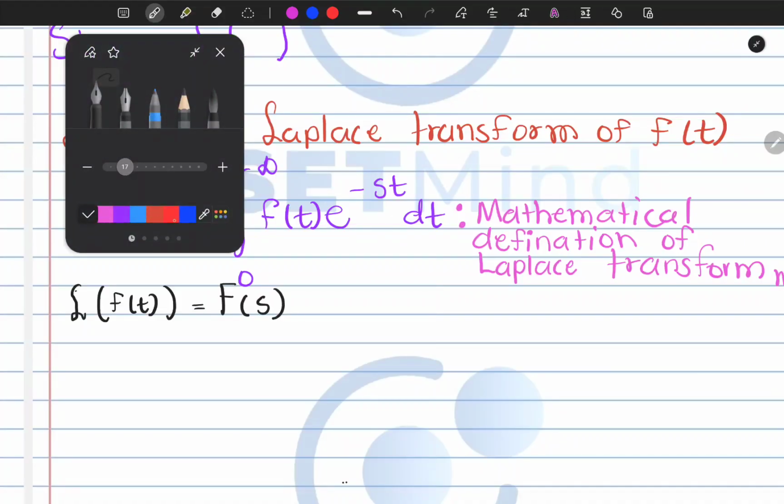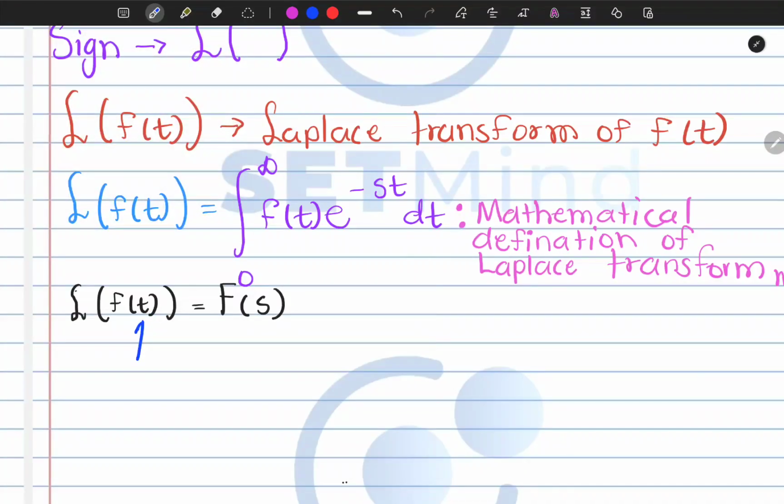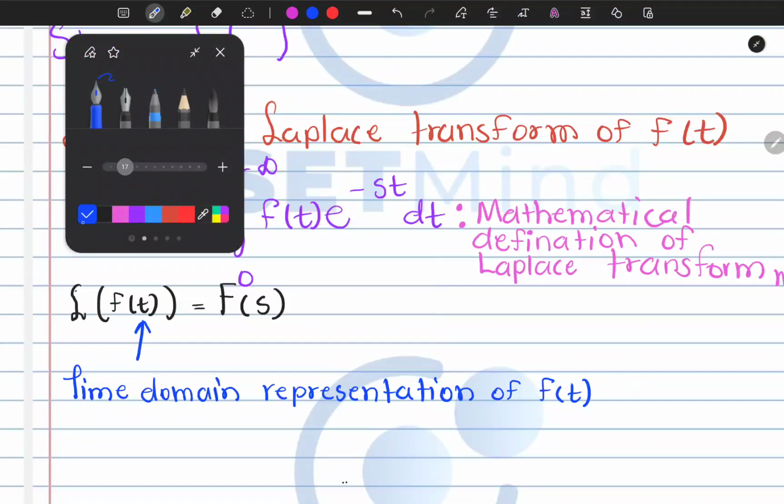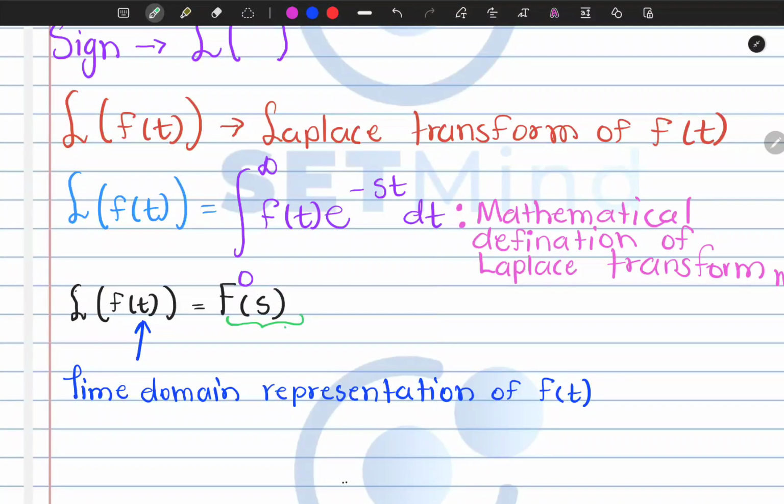There are two things which we need to be aware of here. The t represents the time domain, so f of t is the time domain representation. But if you look carefully at the right hand side, you will observe that something interesting is happening. You see an s there. That s is a variable in the frequency domain.